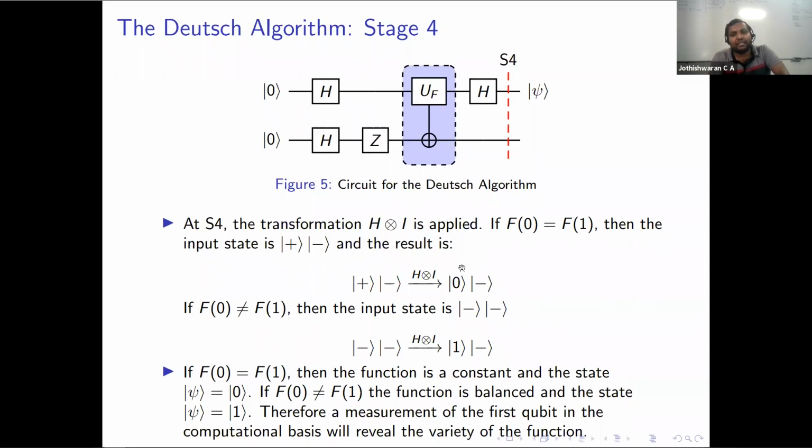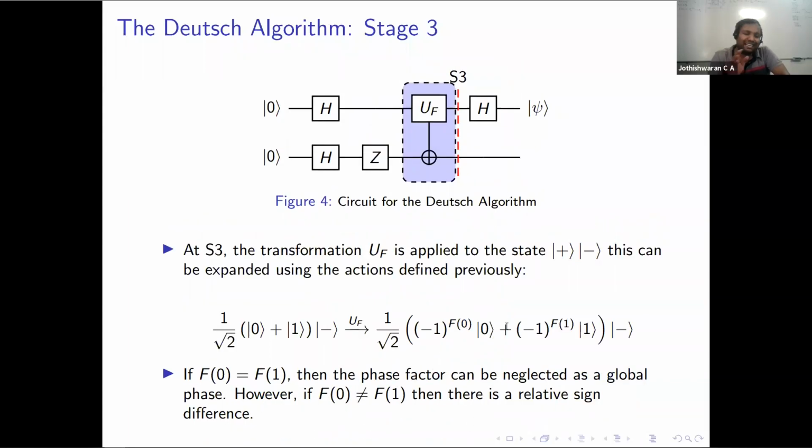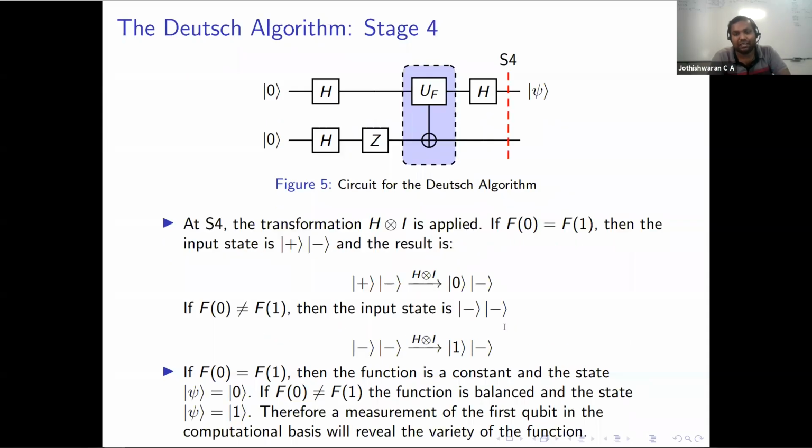When f(0) is equal to f(1), the state after S3 is plus, in which case applying a Hadamard transformation on the first qubit gives me 0. When f(0) is not equal to f(1), I will get the minus state on the first qubit, and applying a Hadamard transformation will give me the state 1. Therefore, by measuring the first qubit in the computational basis, I can tell definitively whether the given oracle corresponds to a constant function or a balanced function.